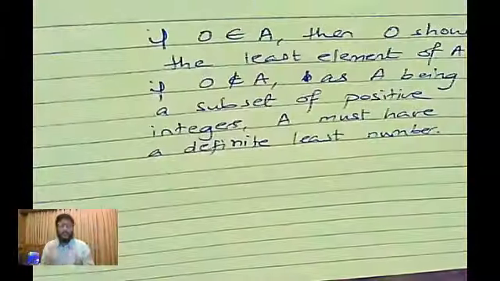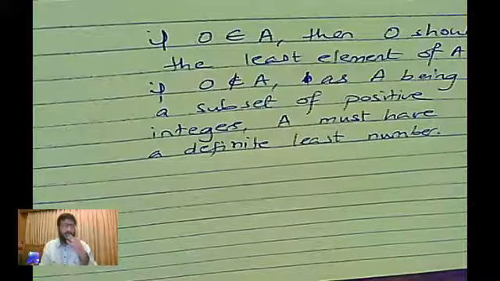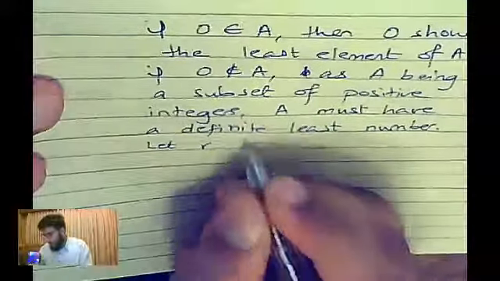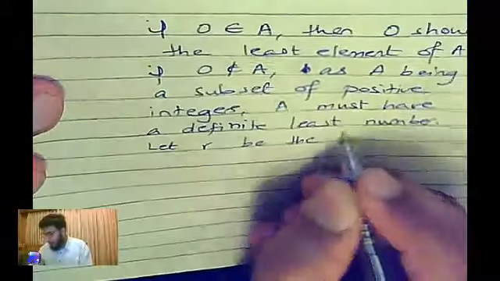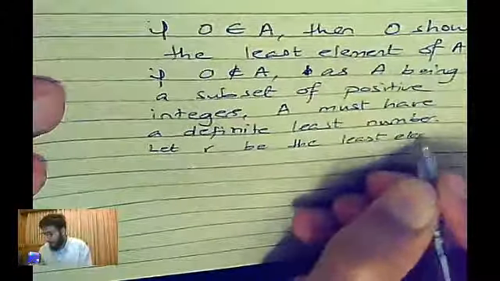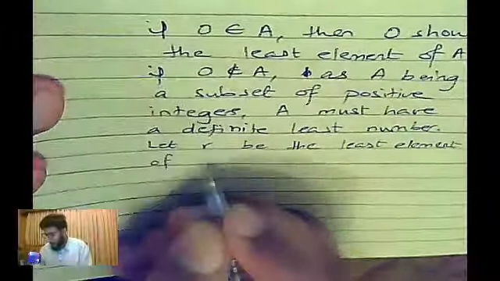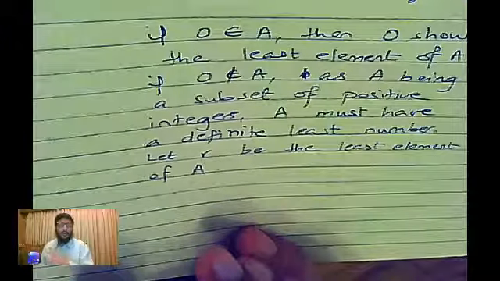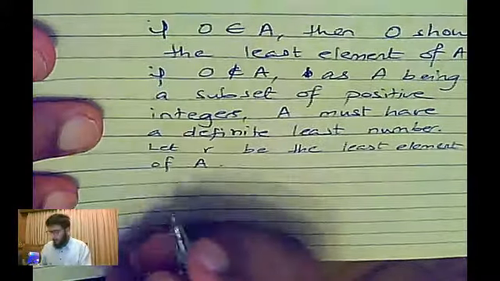It must have a least number, something so small that there is nothing smaller than that number. Let R be the least element of A. All right, R is the number such that there's nothing smaller than R.